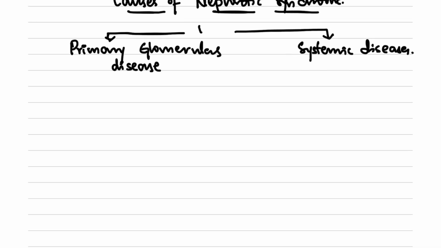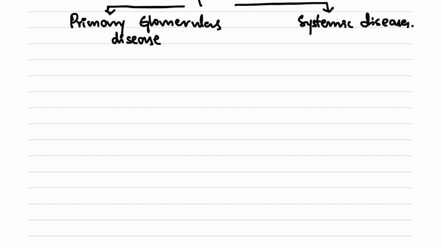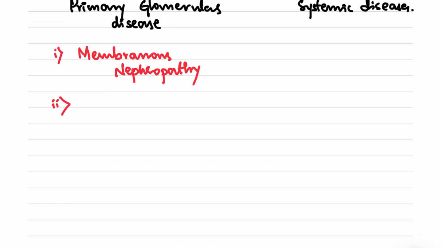Coming to primary glomerular diseases, the first one is membranous nephropathy. The second one is minimal change disease, in short MCD.